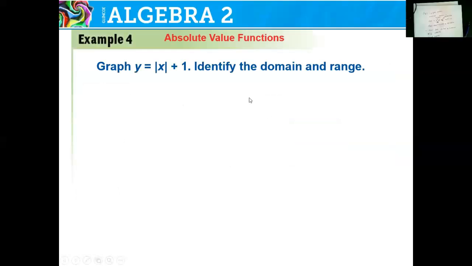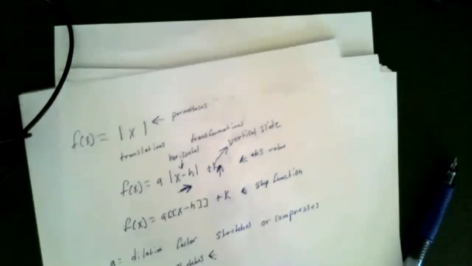Okay, so here, graph y equals the absolute value of x plus 1. This is just a vertical transformation. So since it's on the outside, that means it's going to be the absolute value of x shifted 1 up. But we can do this by just creating a table.